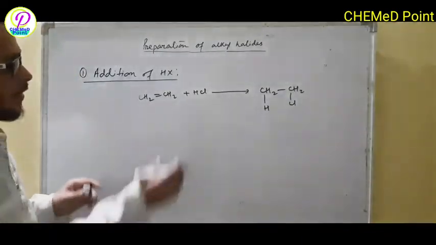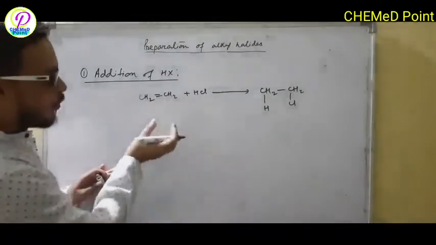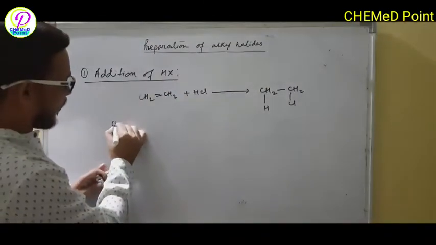If we add hydrogen halide to an unsymmetrical alkene, let us take an example.